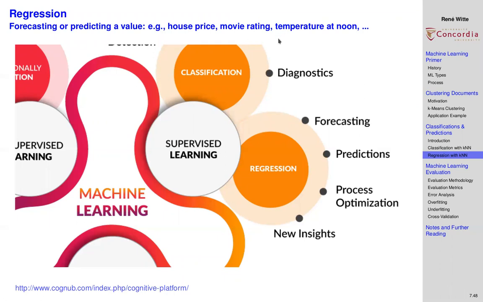You might want to predict the temperature or some other value. So we don't want to choose among different classes, cat or dog, or spam or ham. We want to predict a certain value. So this is one application where we need a regression algorithm.